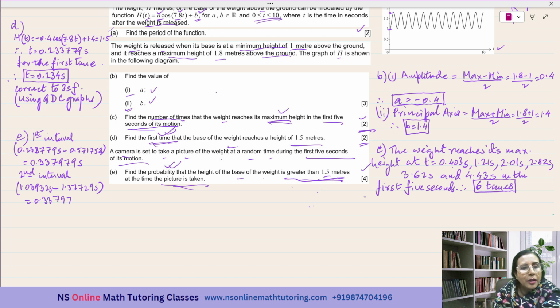I'm writing 79 because it is periodic, symmetrical, so the interval should be the same.